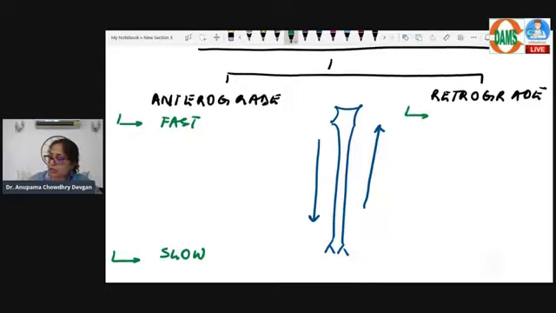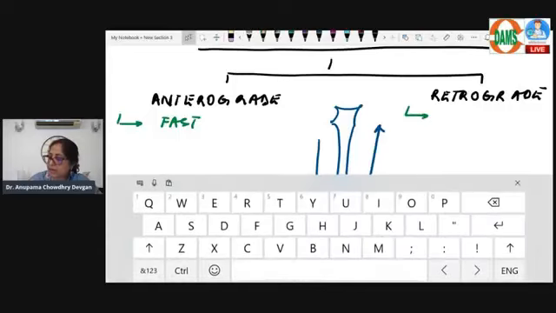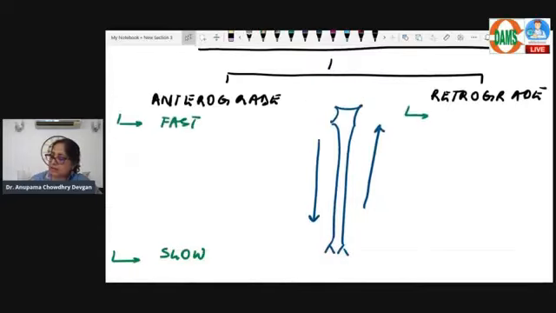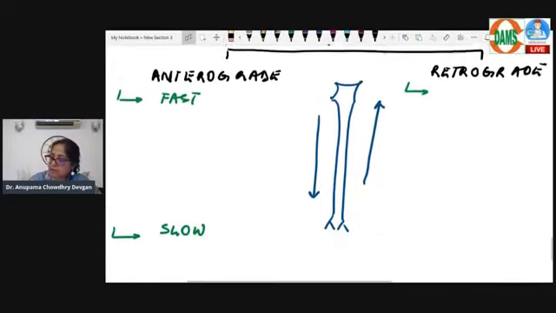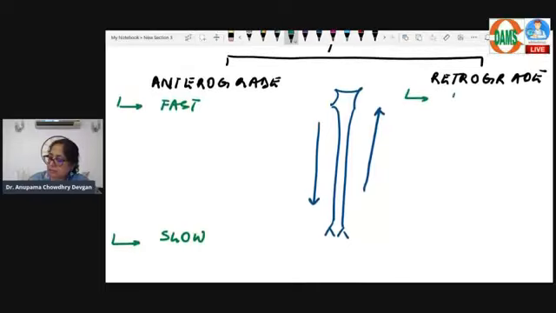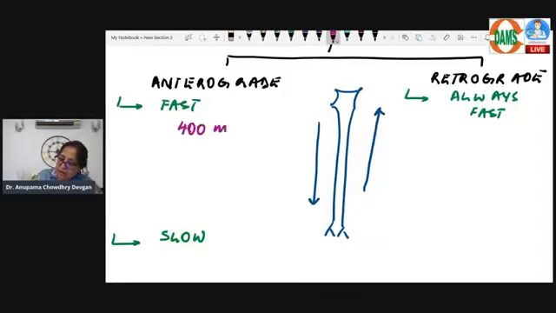Retrograde transport is always fast. Fast anterograde is at a speed of 400 millimeters per day.